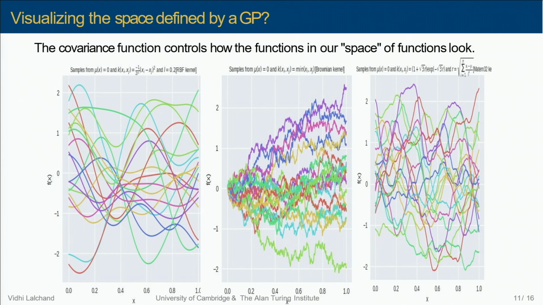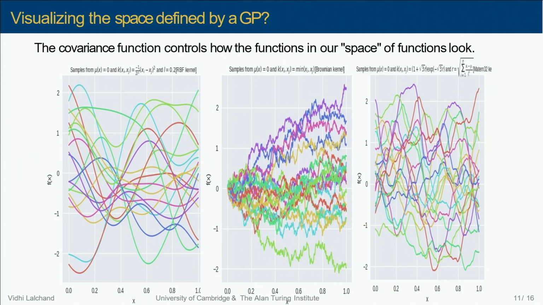When we think of stock price returns, they very much look like the samples drawn from the center graph there. They're really noisy and jagged lines. The final graph is of the Matern covariance function, which is not smooth, but combines properties of the Brownian kernel and the RBF kernel.